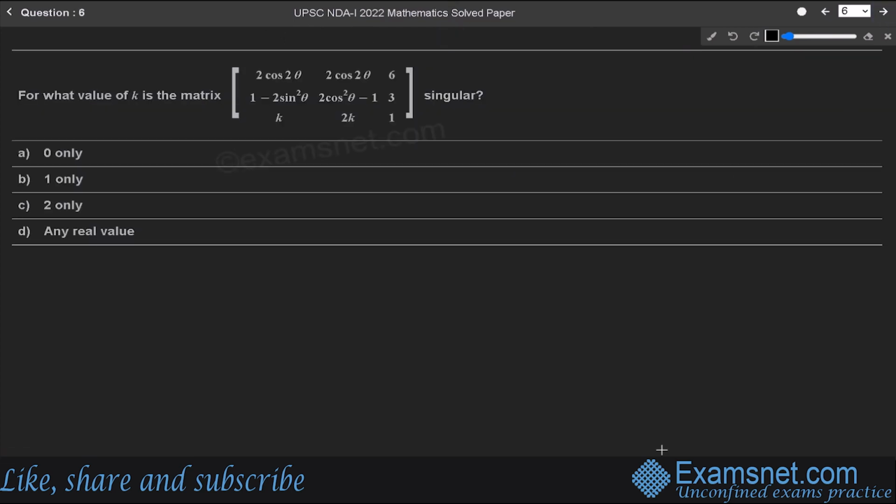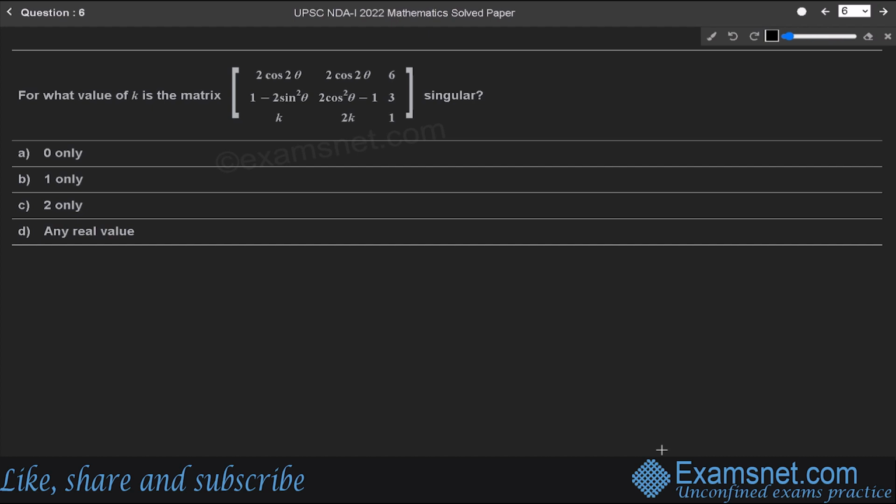Next question is, for what value of K is the matrix 2 cos 2 theta, 2 cos 2 theta, 6, 1 minus 2 sin square theta, 2 cos square theta minus 1, 3, K, 2K and 1 singular.